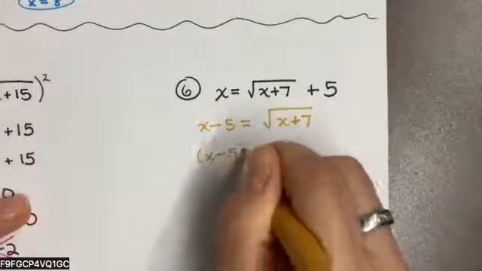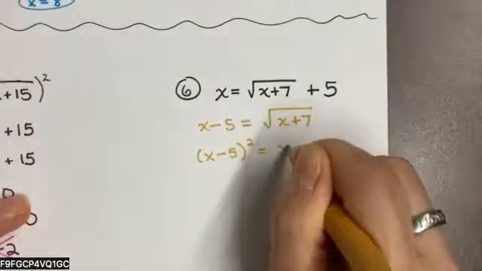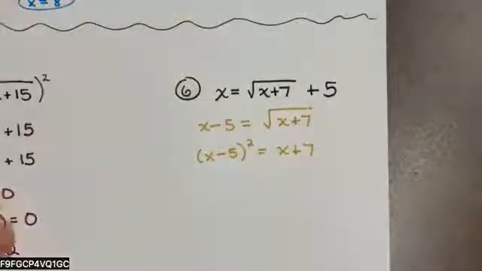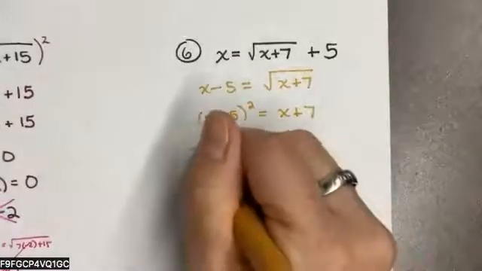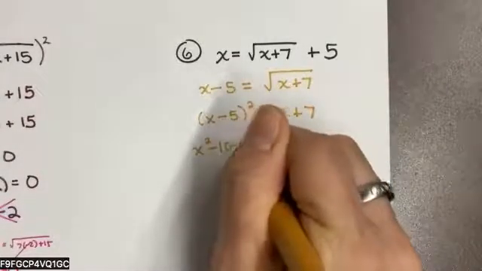I'm going to go ahead and square both sides. Now that I've squared this side, I'm going to need to multiply that out. Again, however you like to multiply things out, you can do it. I'm going to go ahead and just move to that step to save us on time.